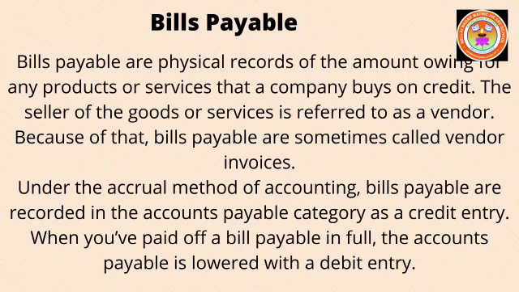Actually, bills payable will be a liability for the business. So we have to credit when you have bills payable. When the supplier has drawn the bill in your name, that bill will be known as bills payable.